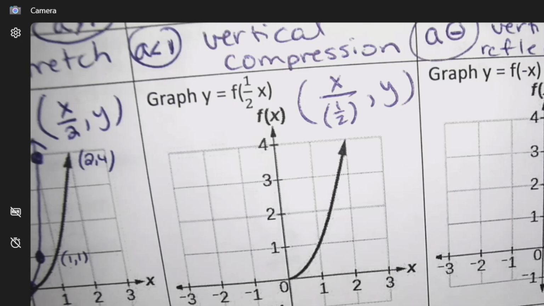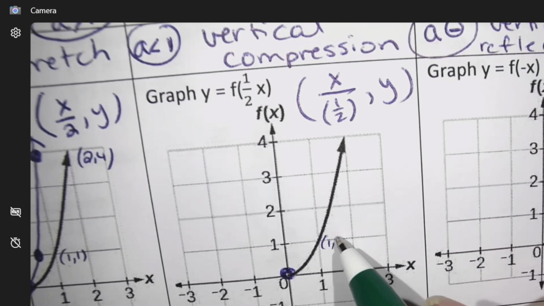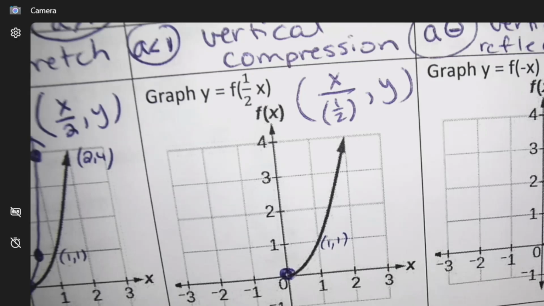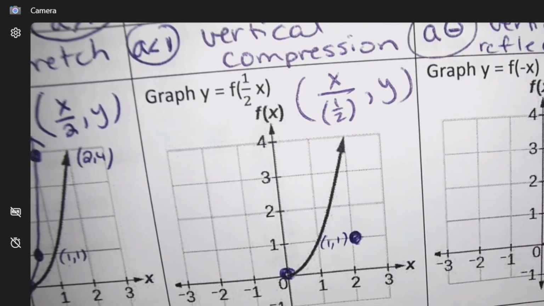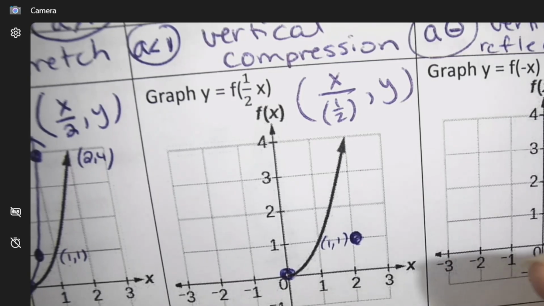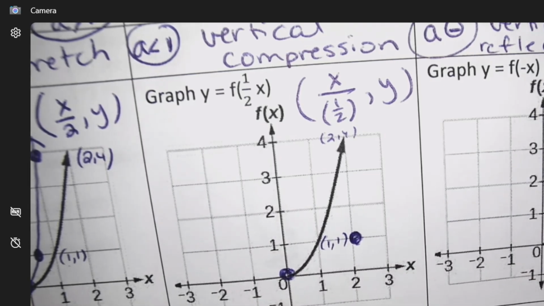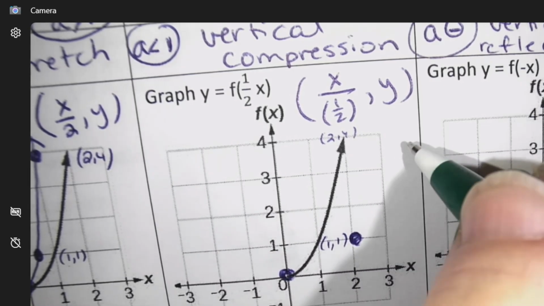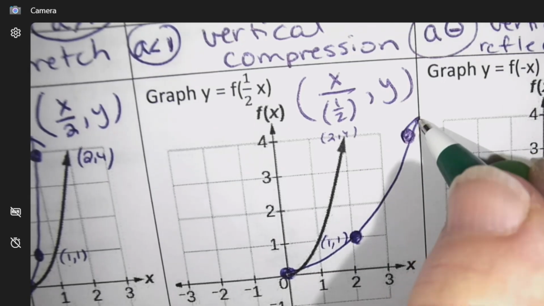So divide by a half changes to multiply by the flip, 2. Okay, so 0, 0 stays. 1 comma 1 is now going to become 2 comma 1. And 2 comma 4 is going to become 4 comma 4.